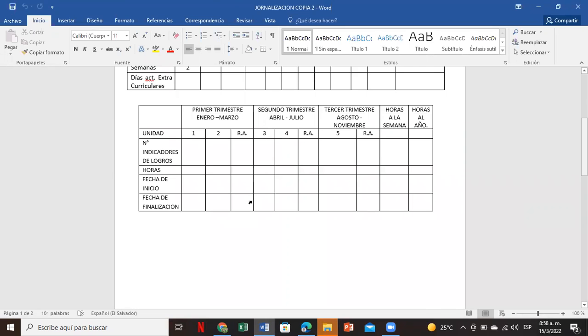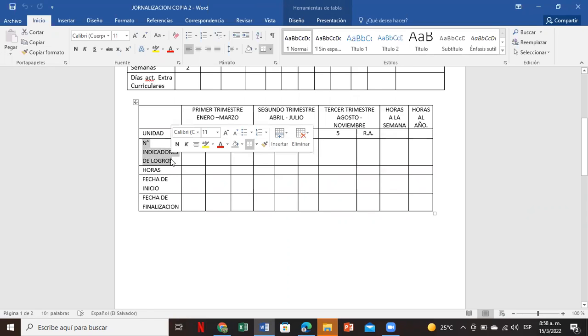In the first one, you are going to invent, okay? For now, you are going to invent the achievement indicators. In my case, well, there are some teachers that like to take into account just the achievement indicators included in the unit plan.